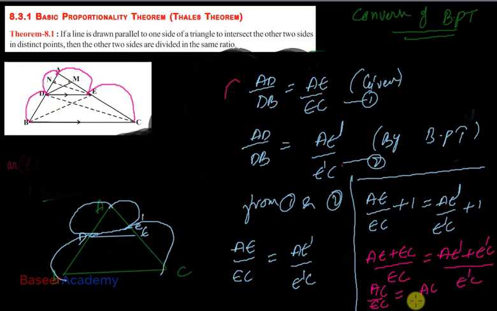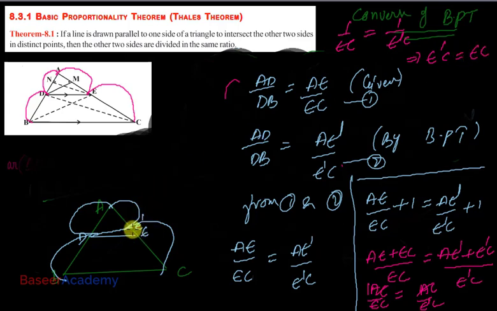AC again, AC by E dash C. What really happens here? AC and AC get cancelled, so I now have 1 by EC is equal to 1 by E dash C. If I cross multiply, I'll get E dash C is equal to EC.